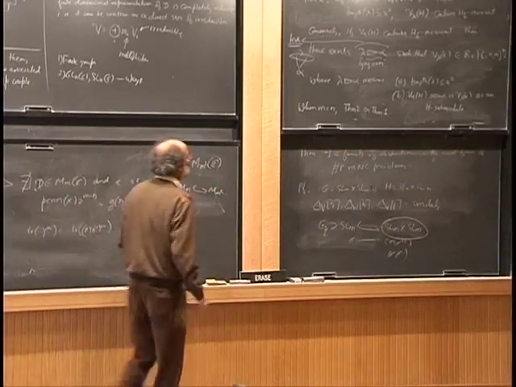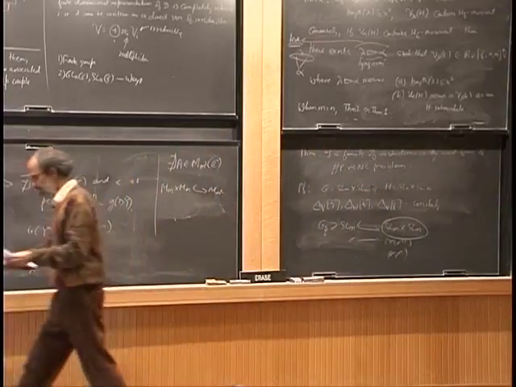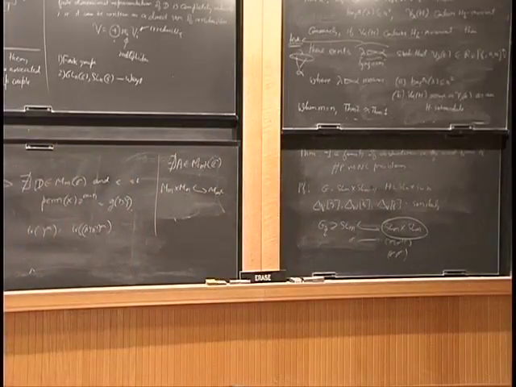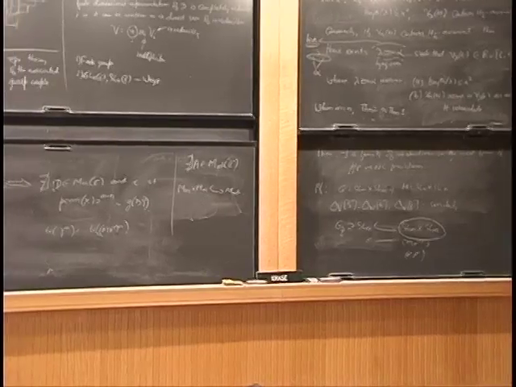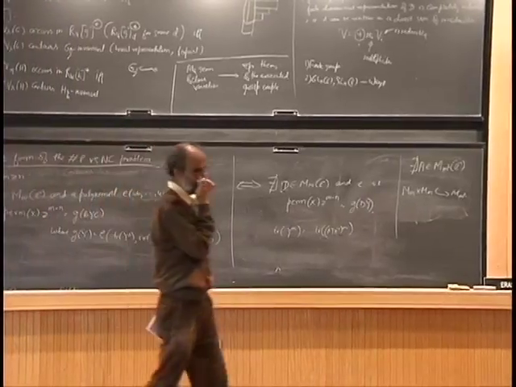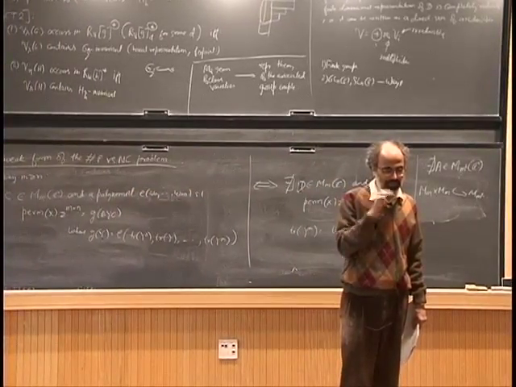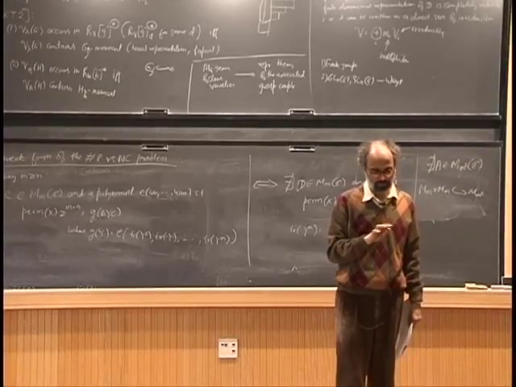Okay, so now the point is the following. What does it mean, the fact that you take only the diagonal there? That means that the traces are invariant under adjoint action. That's all.